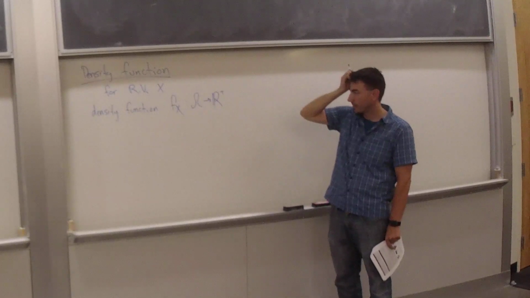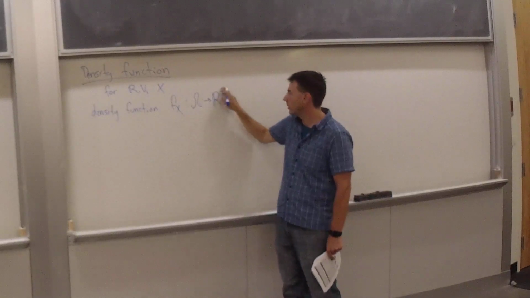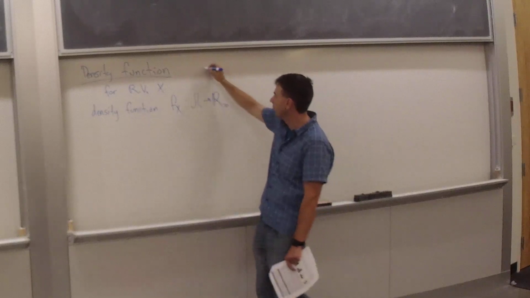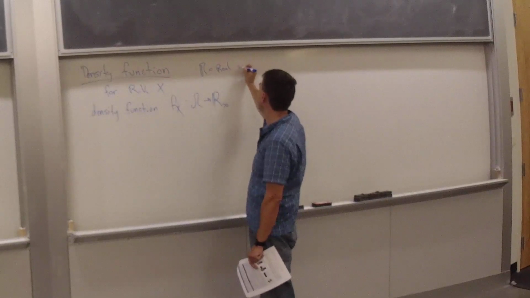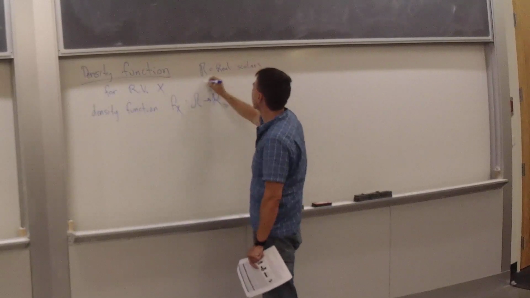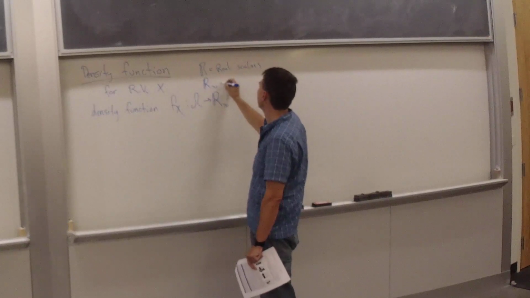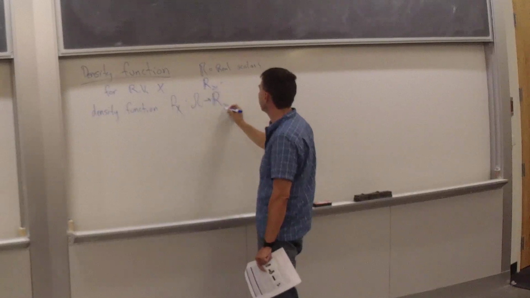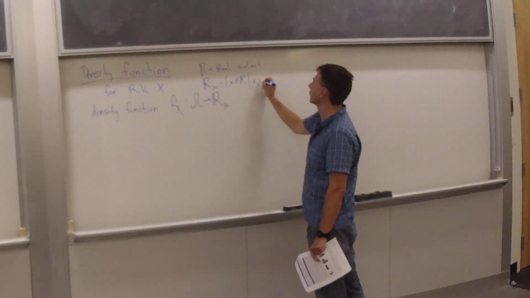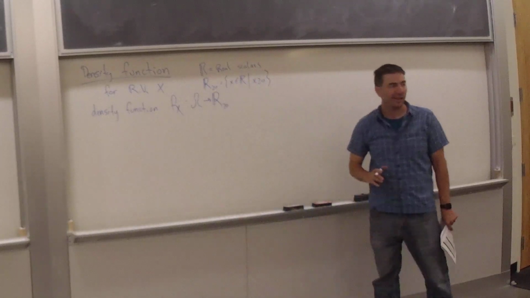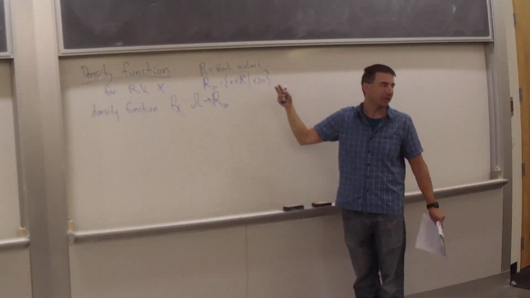So the outcome is always non-negative. We'll say it's x in R such that x is greater or equal than 0. It could be a million, but it can't be minus 0.01.